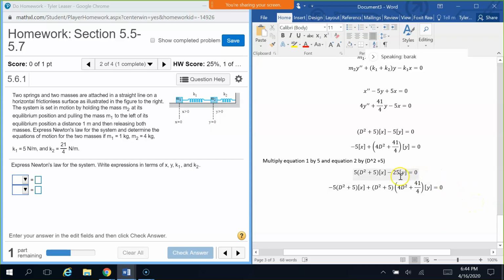That's just multiplying a 5 onto every term in the first equation, and then multiplying the d squared plus 5 onto every term in the second equation.